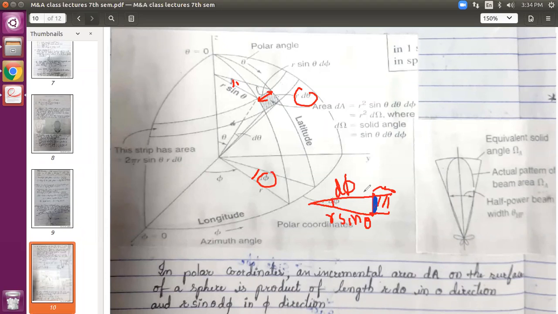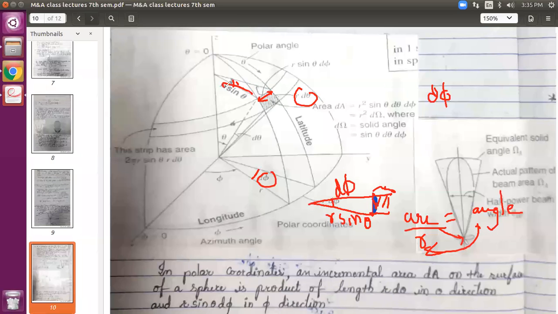So according to the angle formula, how to find this arc? Arc is equal to radius into angle, right? Angle is equal to arc by radius. So arc is equal to angle into radius. So angle is d phi and radius is, just now we have got, r sine theta. So I hope you got this.